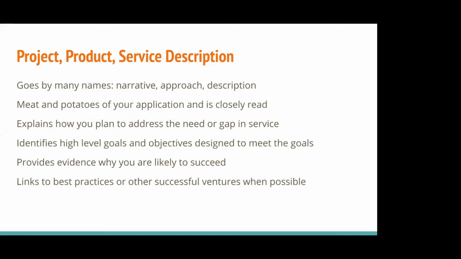So anytime that you can call attention to a best practice, you are going to be more likely to be seen as credible, because as a business owner, you're out there looking around to see what other people are doing in your area, right? You've got your eyes on other similar businesses. You want to know where they're at and what they're doing. Being aware of your community and what is working in your community is super helpful.